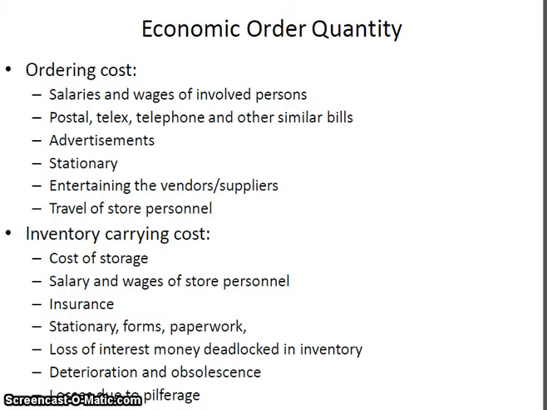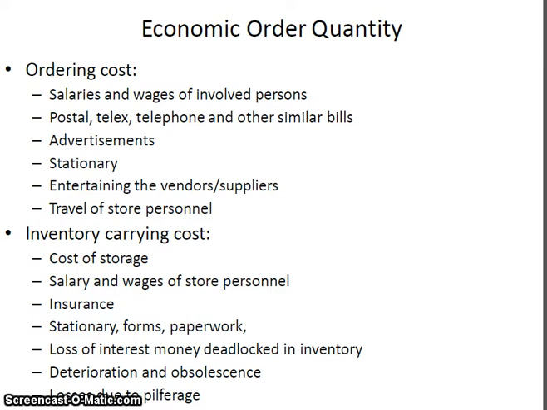The economic order quantity balances ordering cost as well as inventory carrying cost. Ordering cost includes the following components: salaries and wages of the employees, postal, telex, telephone and other similar bills required for communication between a buyer and supplier.